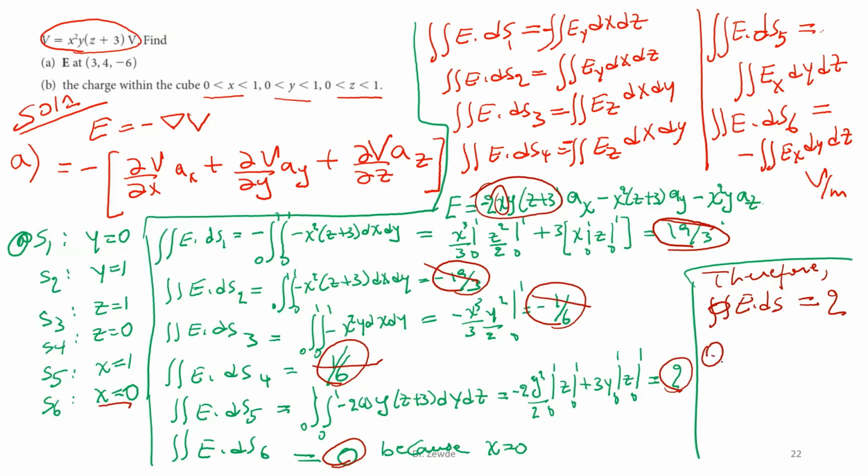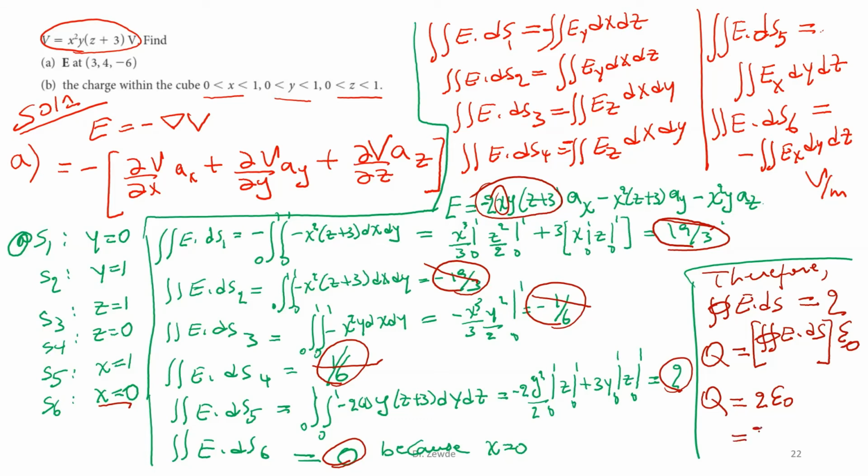So Q is this closed integral of E dot ds multiplied with E naught. So therefore this is 2 times E naught, where E naught is 8.85 times 10 raised to minus 12.